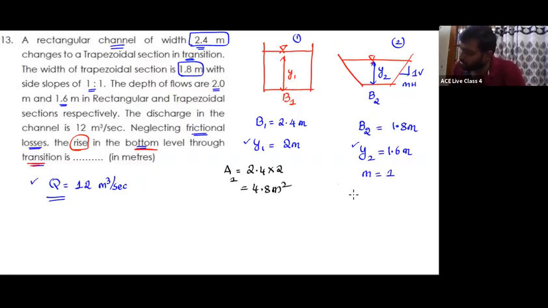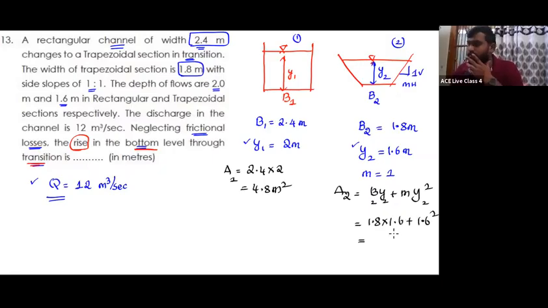And what is A2? For trapezoidal, By plus My squared. So 1.8 into 1.6 plus 1.6 squared. Find out those values and let me know.